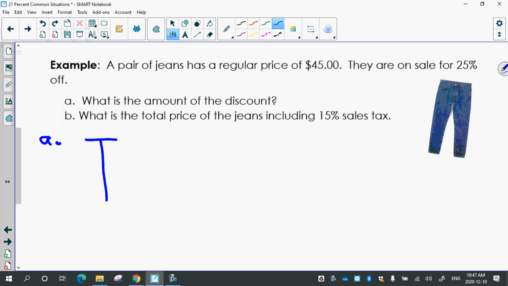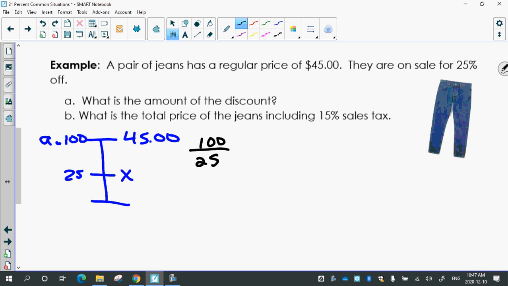So 100% and 25% off. And then $45, and we want to know how much 25% off is going to be. So you can make your proportion.